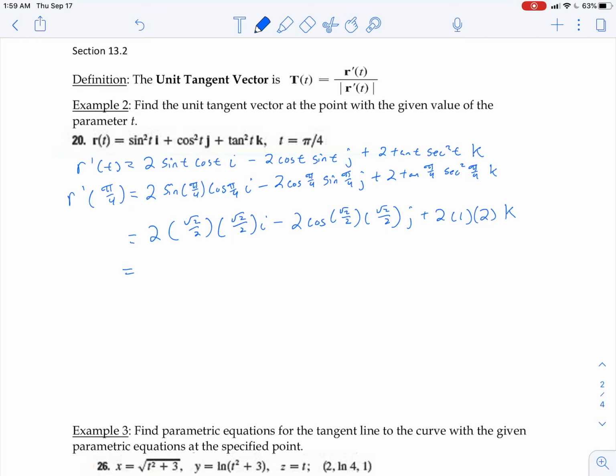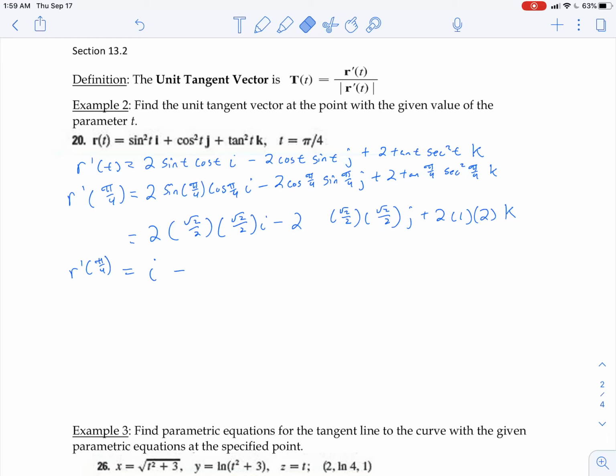Then we just multiply. Our tangent vector at pi over 4: we multiply through, the 2's cancel out, square root of 2 times square root of 2 is 2, 2 over 2 is 1, so we're left with i.